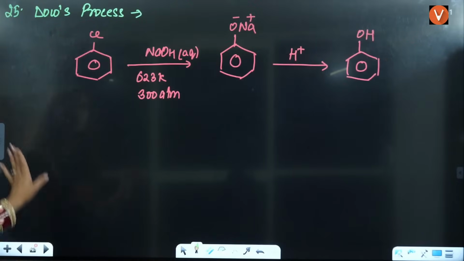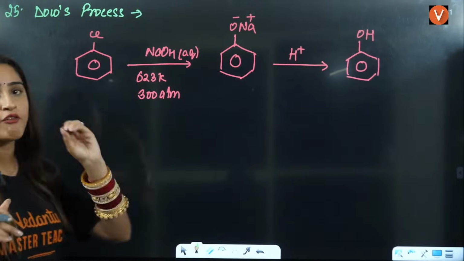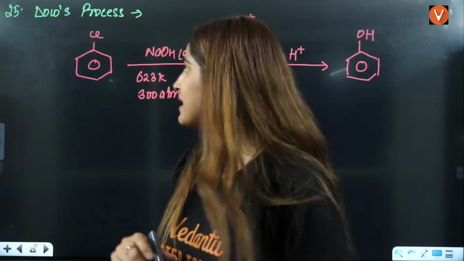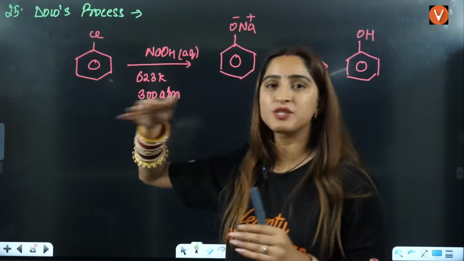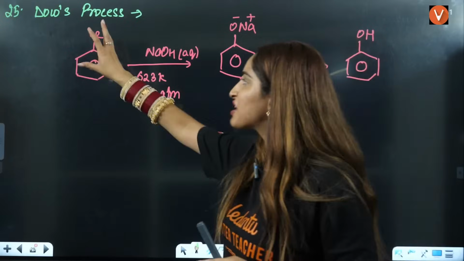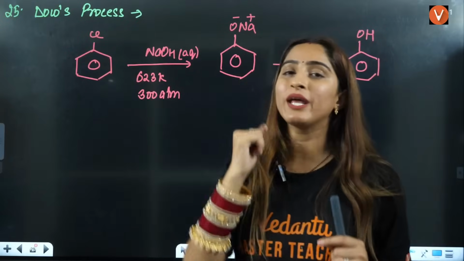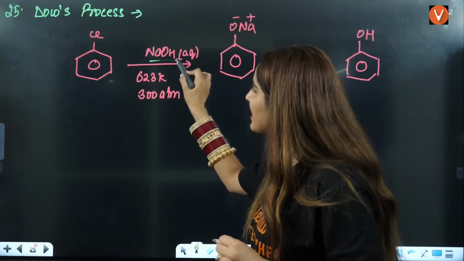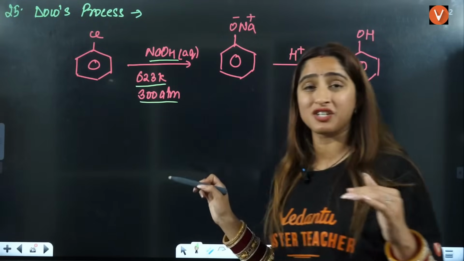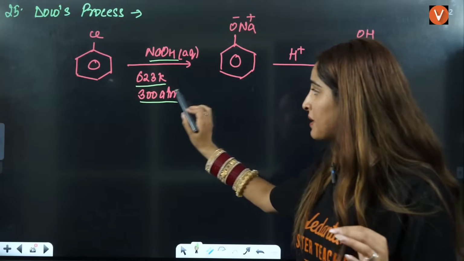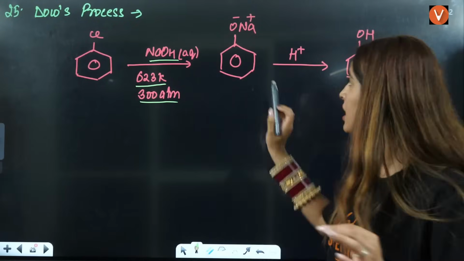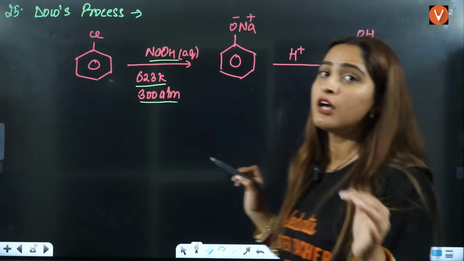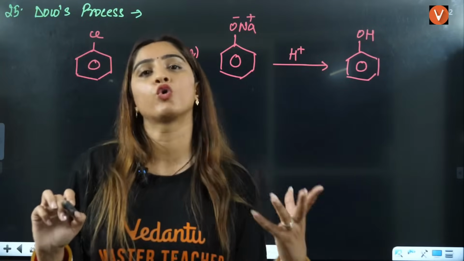Next is Dow's process, again a very important process. Basically this C-Cl bond is very difficult to break because of the partial double bond here. We need very drastic conditions. That is why we add NaOH at a very drastic condition, that is 623 Kelvin temperature and 300 atmospheric pressure. From there we can get the formation of phenol from chlorobenzene.